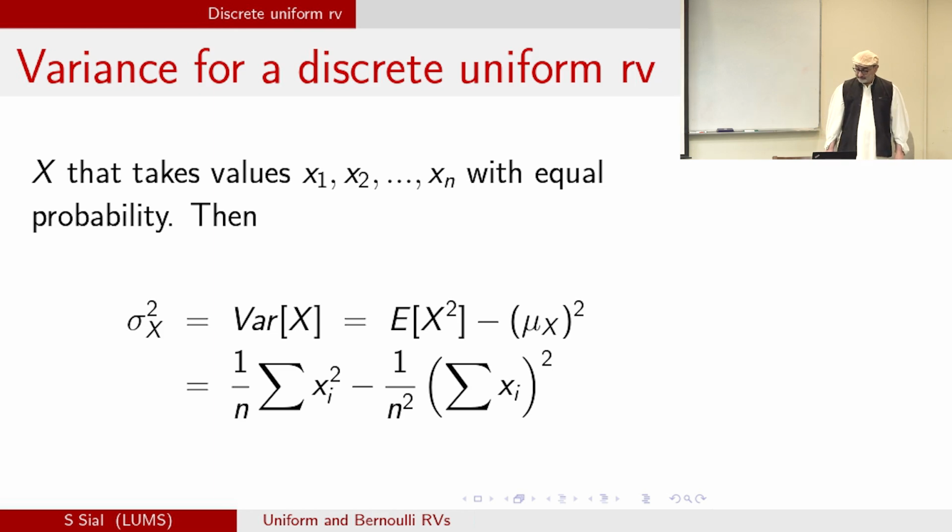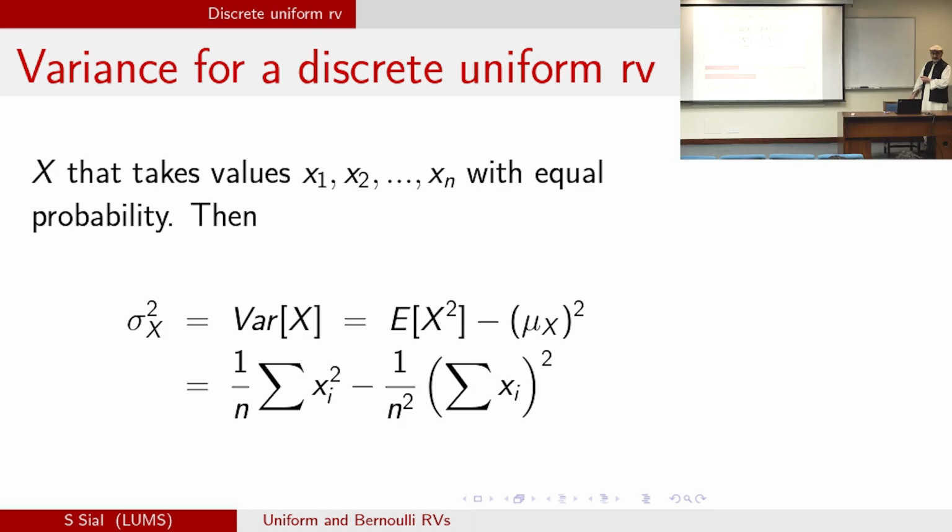Okay, so what do we have? The variance of a discrete uniform random variable, or you can write it both these ways, is the expectation of x squared minus the expectation squared.